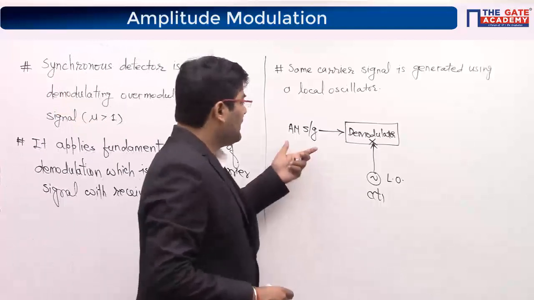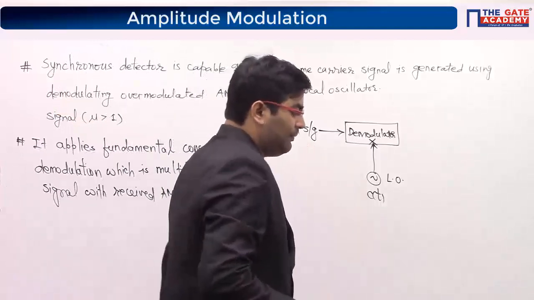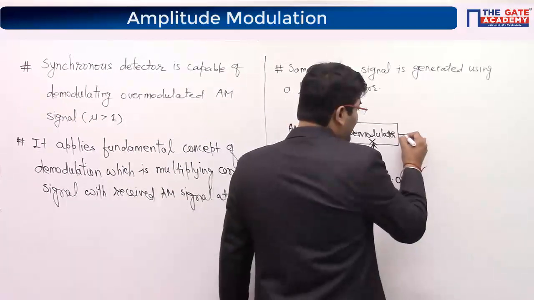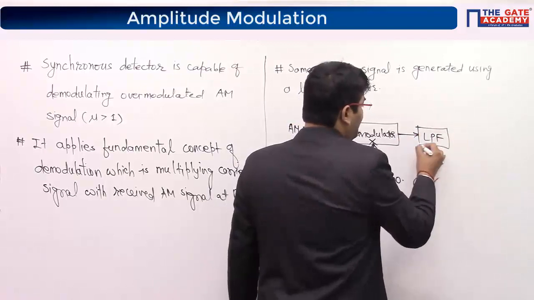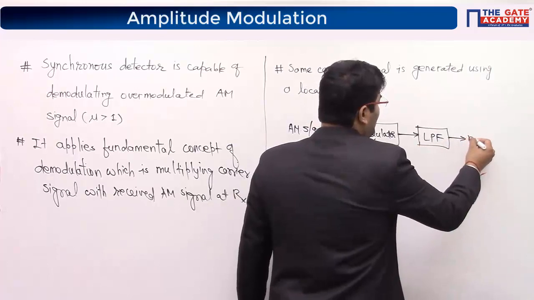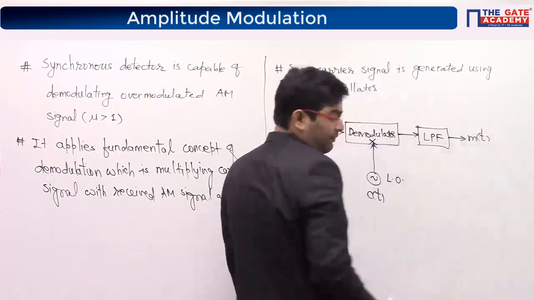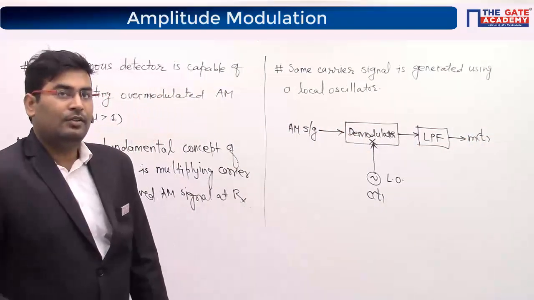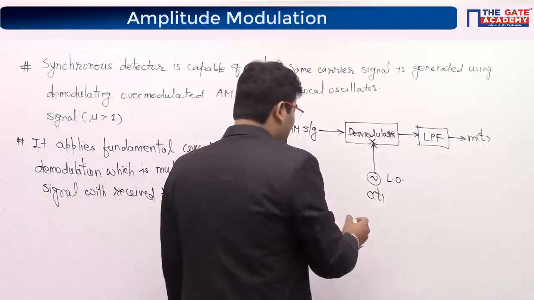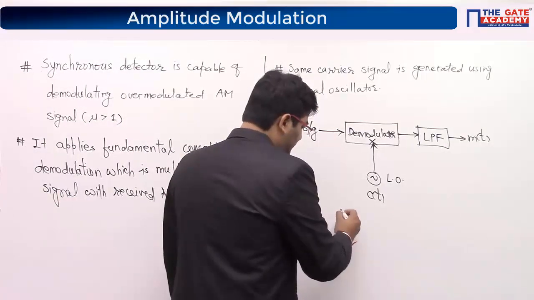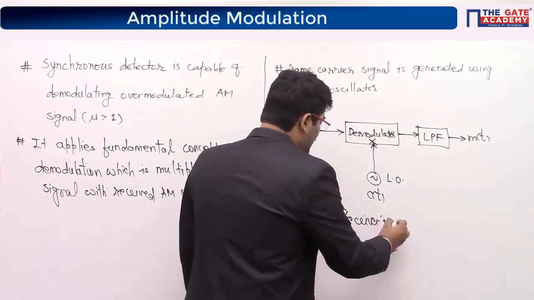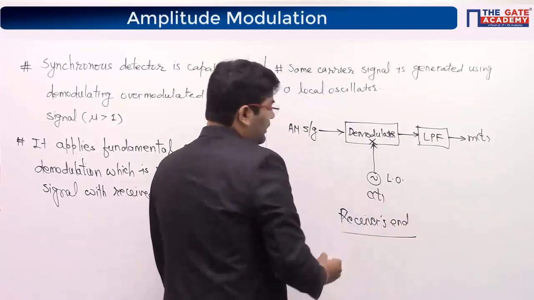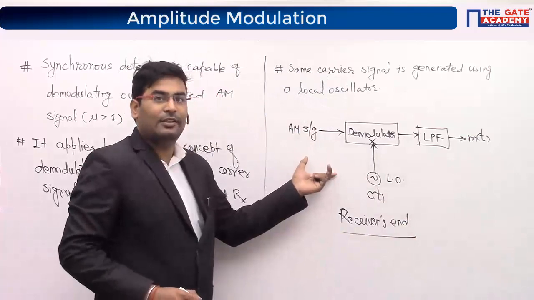The output goes into a low pass filter, LPF, and then you get m(t), the message signal. You are doing all these activities at the receiver's end. Okay, clear?